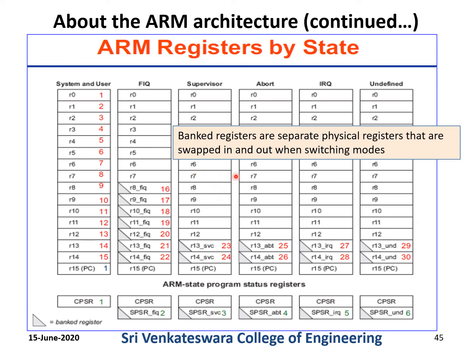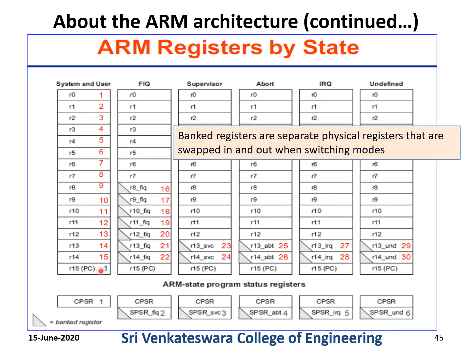So here all the banked registers, which are separate physical registers, are shown, and these registers swap their contents in and out when the modes are switched. And also the registers are numbered. So 15 registers in the first column, followed by 16 to 22, and like that, totally 30 registers are there in the register banks.